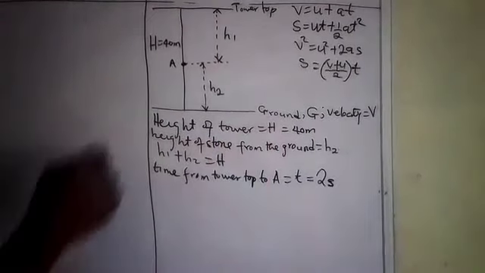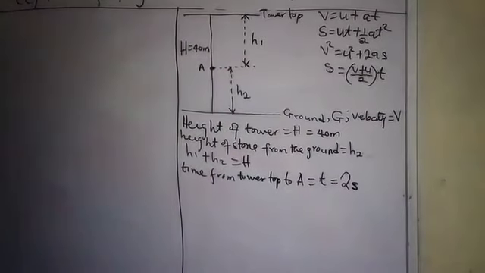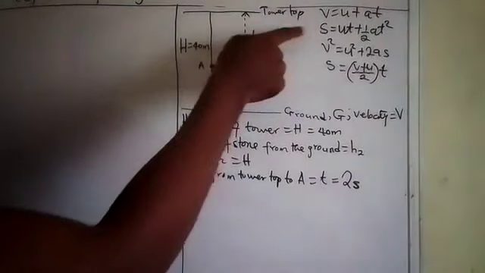To find the height, you check these equations. Which one has distance, which is height, as the unknown? But we have our U. Of course, the initial velocity of the stone was given to us as 2 meters per second.